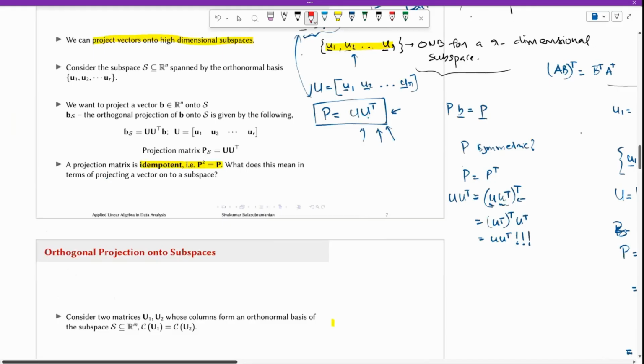It makes sense that P square is P, because the first P will take you to the subspace, and the other P's don't do anything because you're already in the subspace.